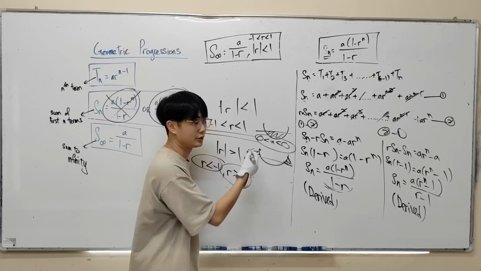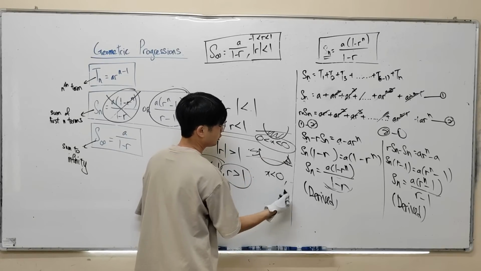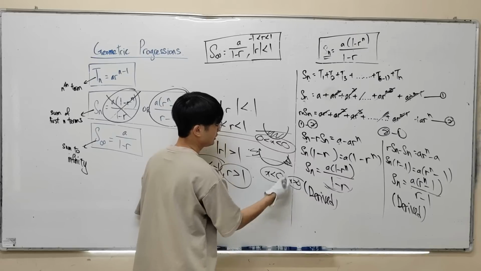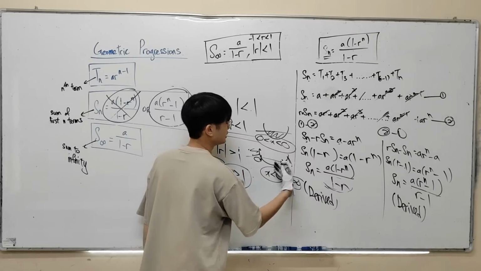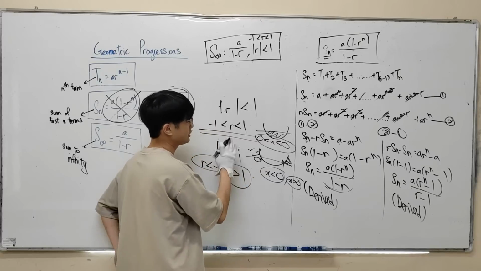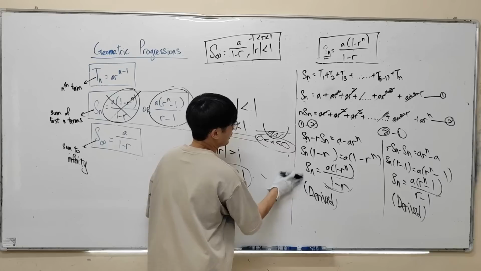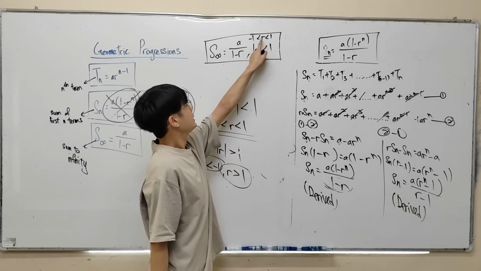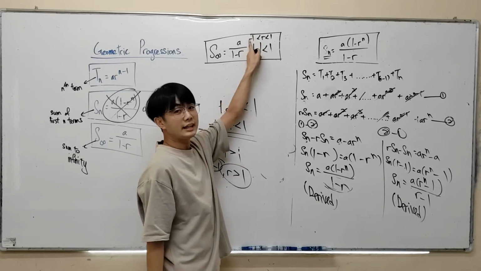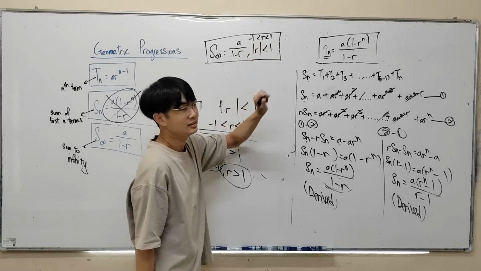If it's bigger, we have to write like this, x smaller than this number, and then x bigger than this number, right? So it's very similar. That's why you have to remember this: modulus r smaller than 1 means r has to be in between -1 and 1. Don't worry, I will explain later why we have to write this beside.